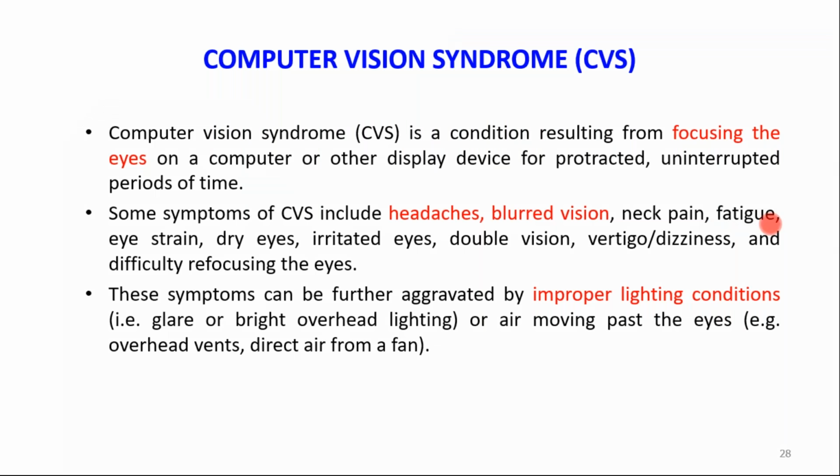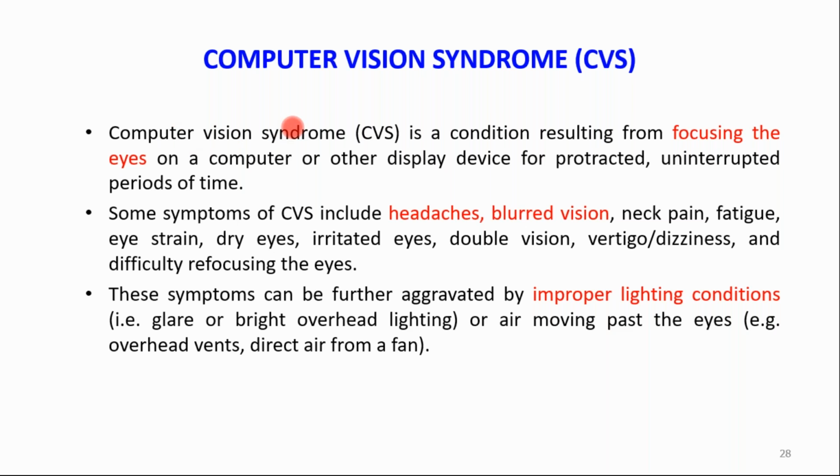From the name itself it is clear that this disorder or disease is due to computer systems, and if you are working for many hours on computer systems or laptops or mobiles or palmtops, etc., then you may suffer from this CVS, that is computer vision syndrome.